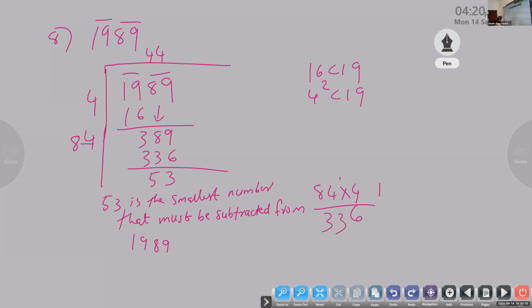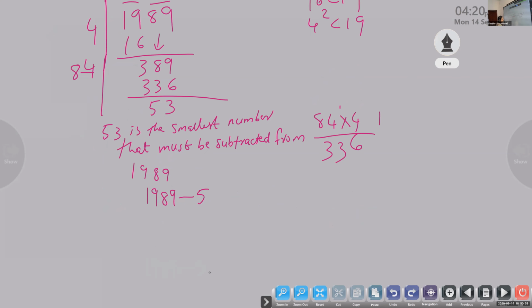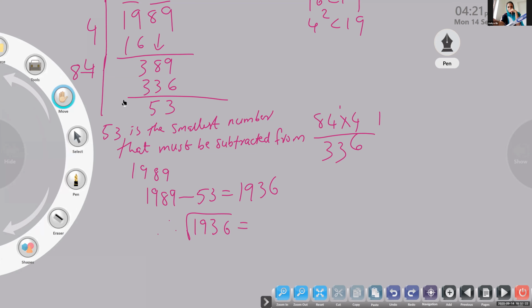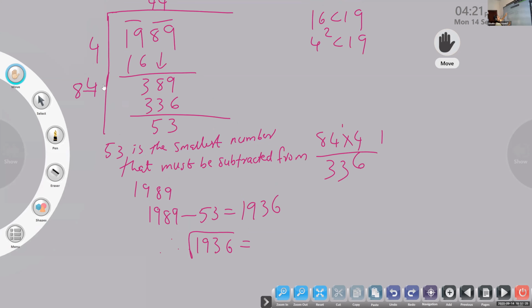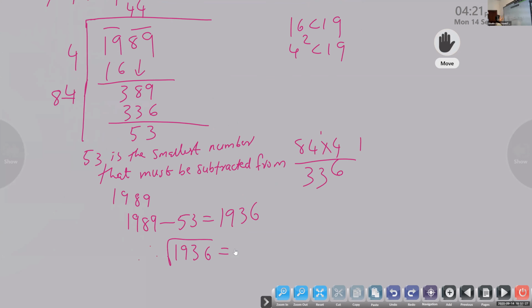So 1989 minus 53 is equal to 1936. And its root will be what? Its root will be 44. Our quotient is 44. So its root will be 44.